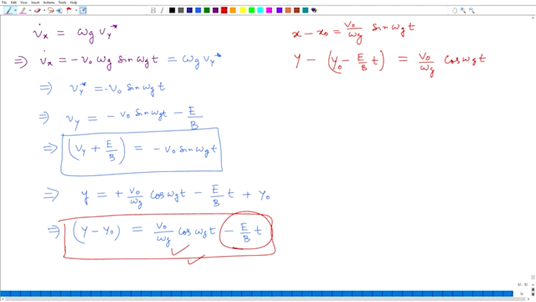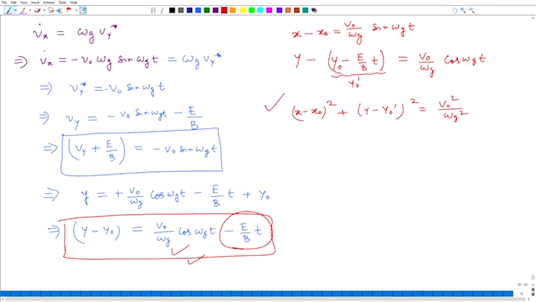I can write it like this as well. Then I can call this one y0 prime. So, I can now say x minus x0 squared plus y minus y0 prime squared will be equal to V0 squared by omega g squared, which looks like a circle.